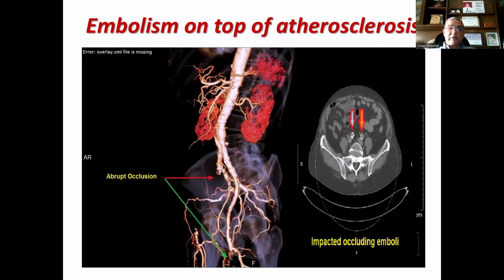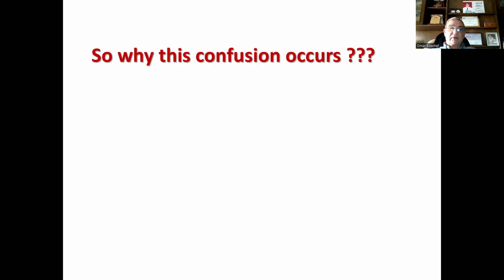Here also embolism on top of atherosclerosis, abrupt occlusion of the left external iliac artery just after the bifurcation, and in the axial CT to the right, impacted occluding emboli. So why does this confusion occur? Why is there confusion between atherosclerotic disease and embolic disease?